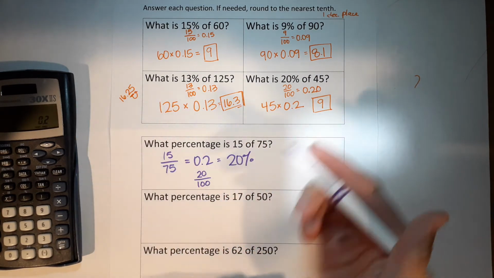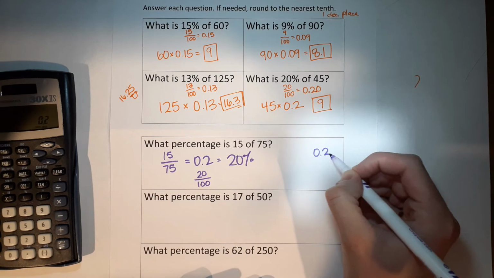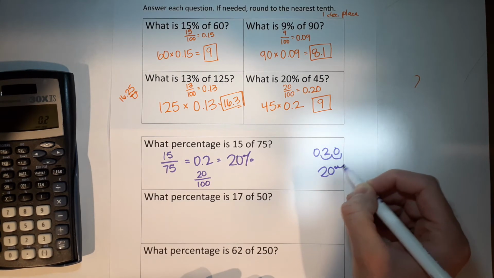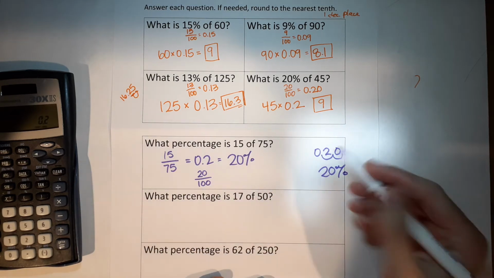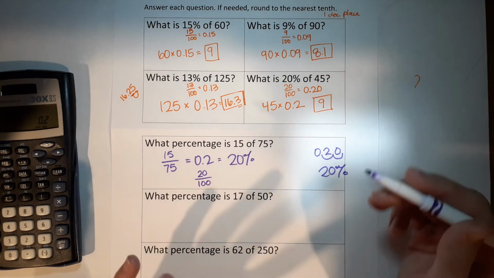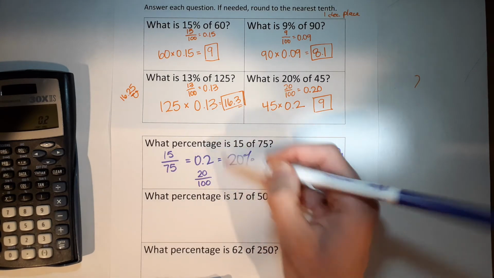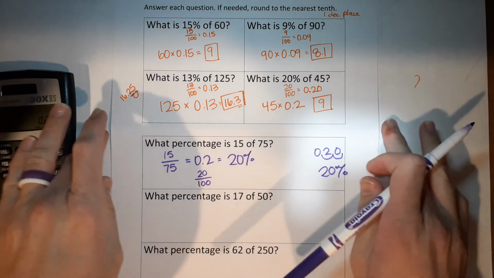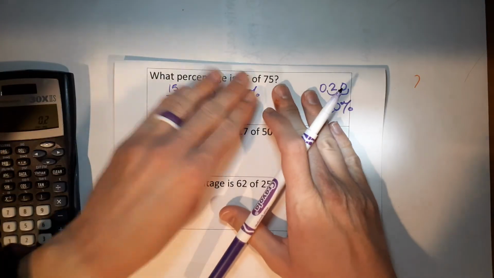Okay, another way you might think of this is you just scoot the decimal place over 1, 2 times and get 20%. Okay, so you can think of it of just scooting it over twice, and the reason why that works is because of this.